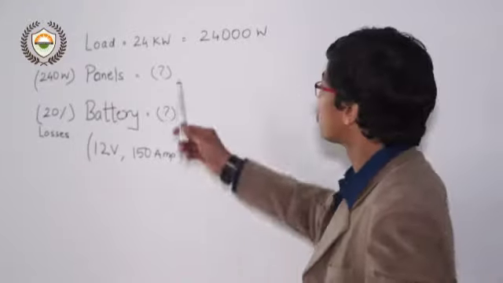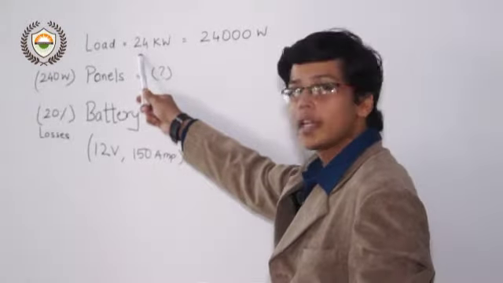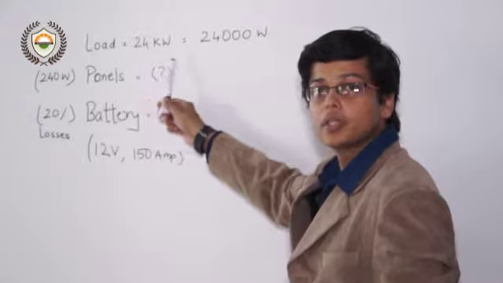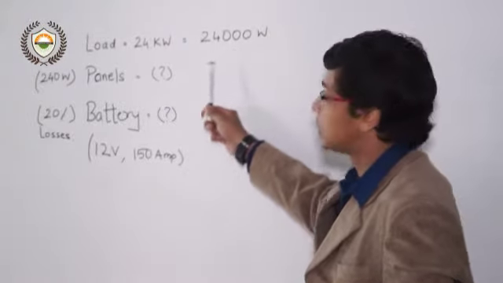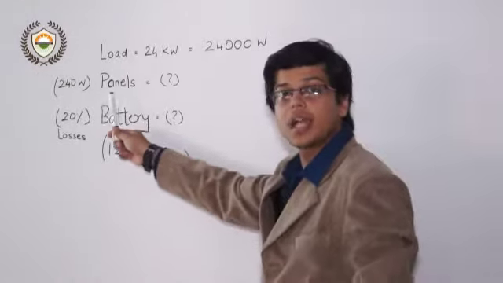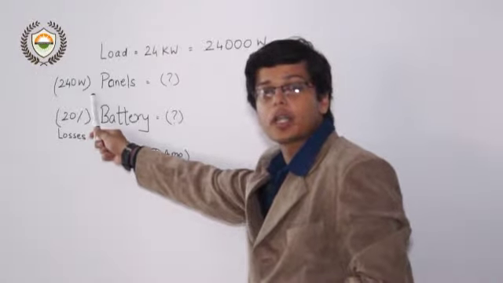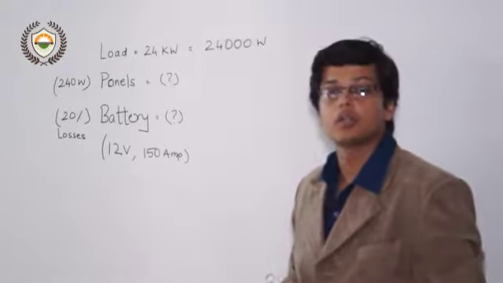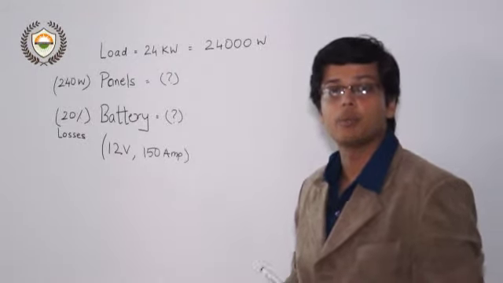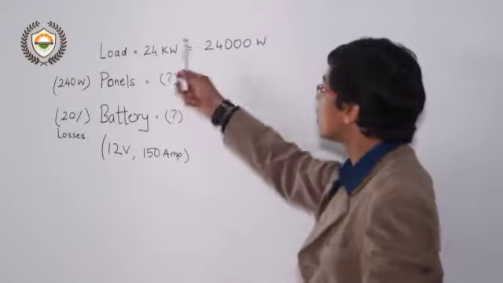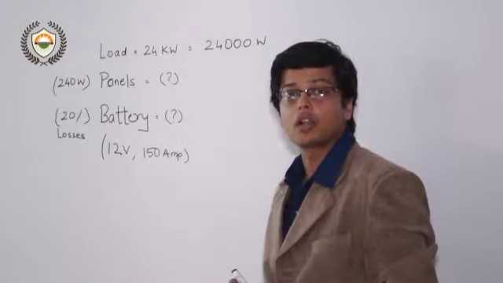So now I have taken the load as 24 kilowatts, which would be equal to 24,000 watts. And I have also considered that the panel's size would be 240 watt per panel. Now we want to find how many panels would be required to suffice this 24 kilowatts of load.